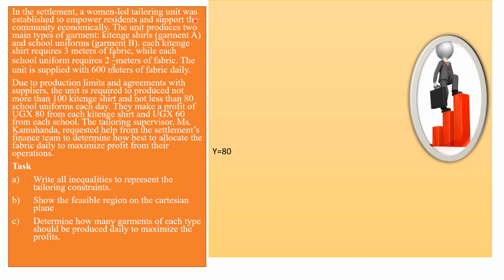So here we shall say that let the number of garment A and garment B be X and Y respectively. But remember, garment A is change shirts, and garment B is school uniforms. So after defining your variables, you better come and write the inequalities.